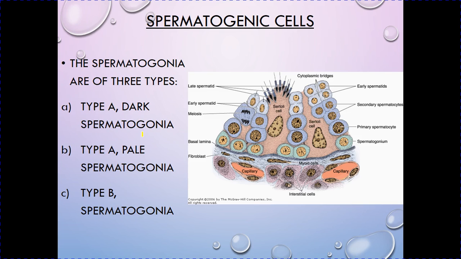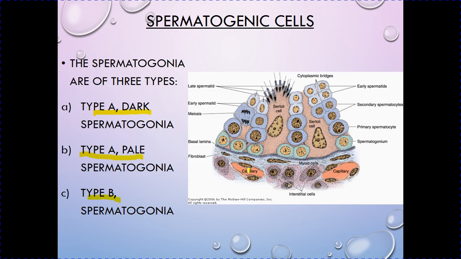This process of division and maturation is called spermatogenesis. It starts at the onset of sexual maturity. So in the epithelium of an adult, you will find different types of spermatogonia: type A dark spermatogonia, type A pale spermatogonia, and type B spermatogonia.